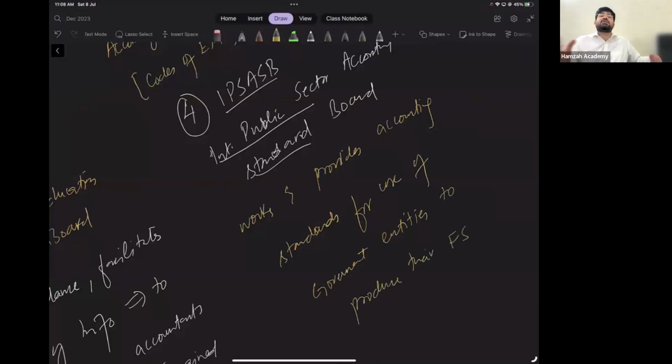Because they're a government body, they are not commercial. Their financial reports will be different from financial statements of any commercial organization.